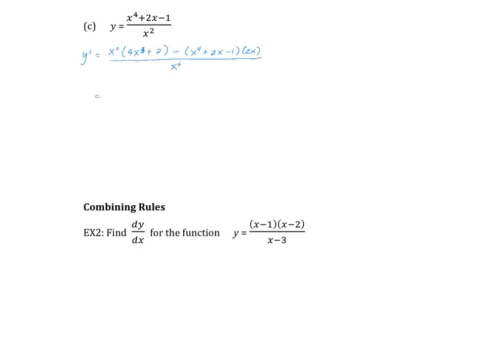And now let's see what happens in the numerator. Maybe things will cancel. I have 4x to the 5th plus 2x squared minus 2x to the 5th minus 4x squared plus 2x, and that would be all over x to the 4th.